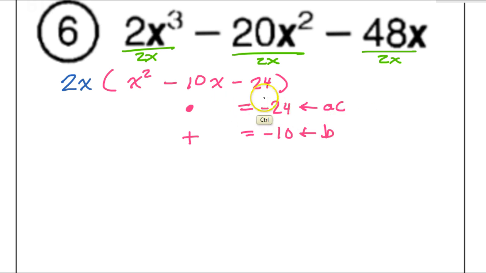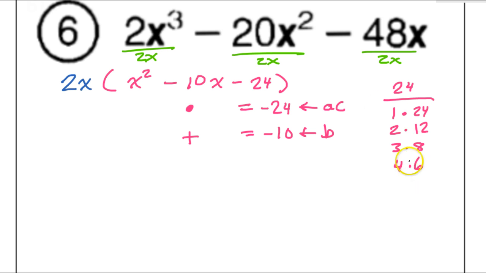Okay, so let's focus on the product first. So look at that 24. So what multiplies to give you 24? So that would be 1 times 24, or 2 times 12, or 3 times 8, or 4 times 6.